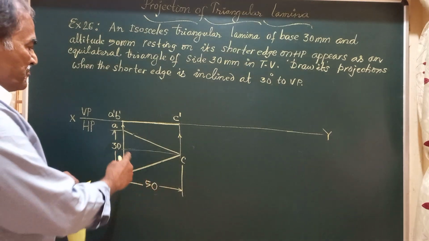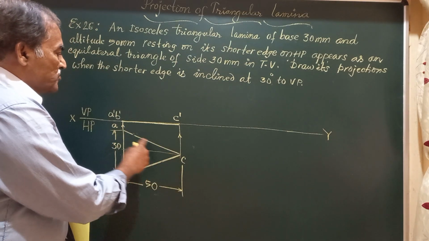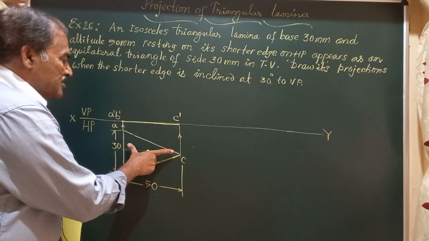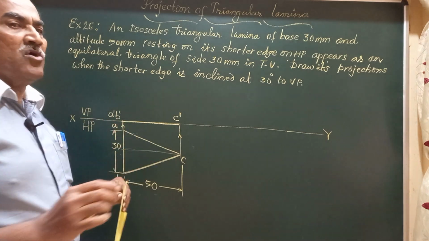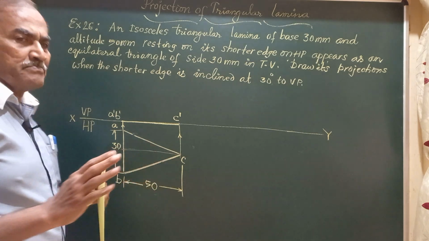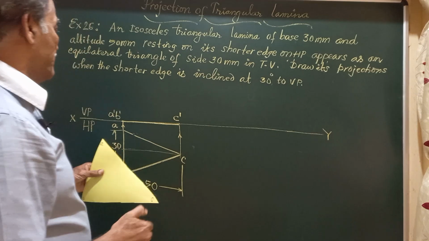So friends, this is the top view of the lamina, which is an isosceles triangle with base 30 mm and height equal to 50 millimeter and front view is a line on XY. And this line XY represents the line of intersection of HP and VP.